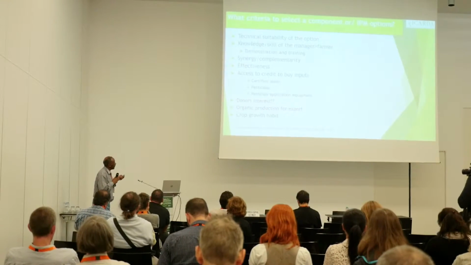And then what about the knowledge or skill of the manager? In this case, the smallholder farmer is the manager. Then we have to show him, we have to train him, and then we have to improve his skills. For example, if you want to spray an insecticide against aphids on field pea or lentil, he has to know the aphid, and then he has to know the threshold. And then if he's equipped with that, then he can do the job.